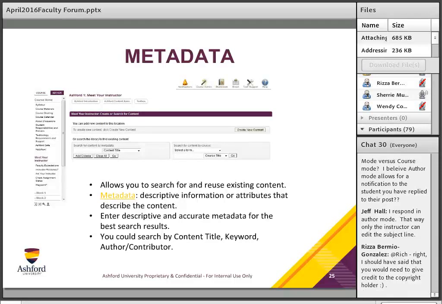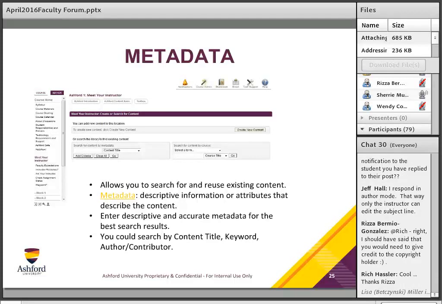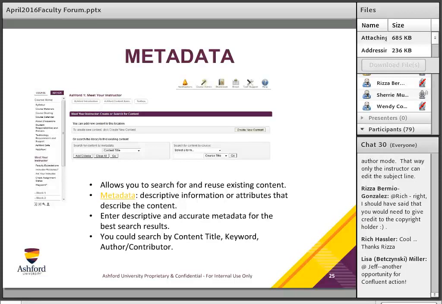So when you're ready to set up your bio, when you go over to author mode, instead of clicking create new content here, you would type the title of your last content. So for example, I always save my bio as Meet Your Instructor. So I type that here, I click go, and it pops up all the content there so I can select one and publish immediately.